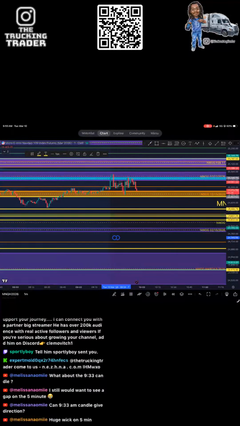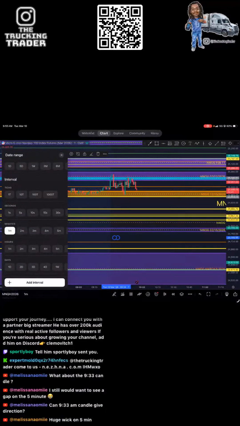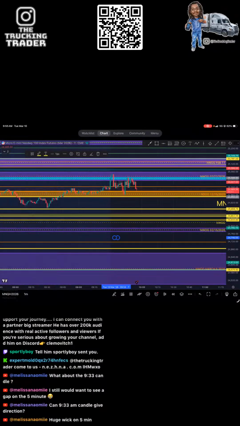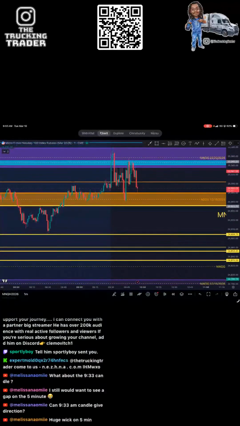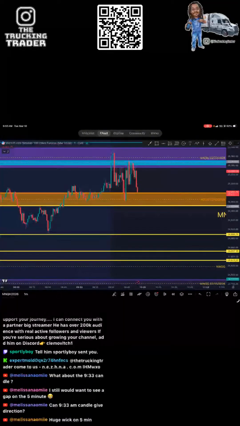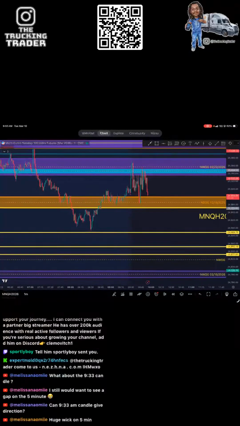So just based on price action, I would be thinking more sells at this point. I didn't want to be a seller, but the market don't care what I want.